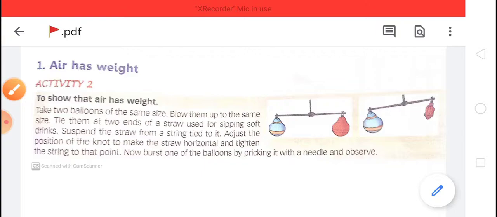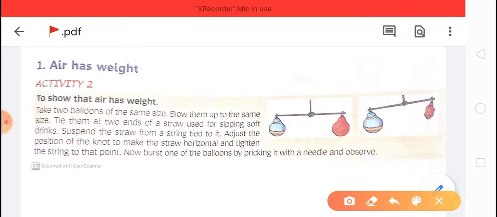What will you observe? You will see that the straw tilts towards the inflated balloon, means the inflated balloon goes down. The empty balloon, which does not have air inside it, goes up.